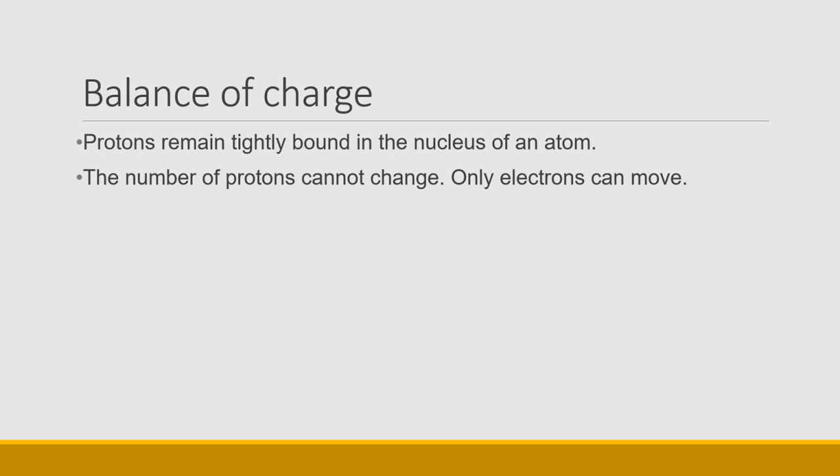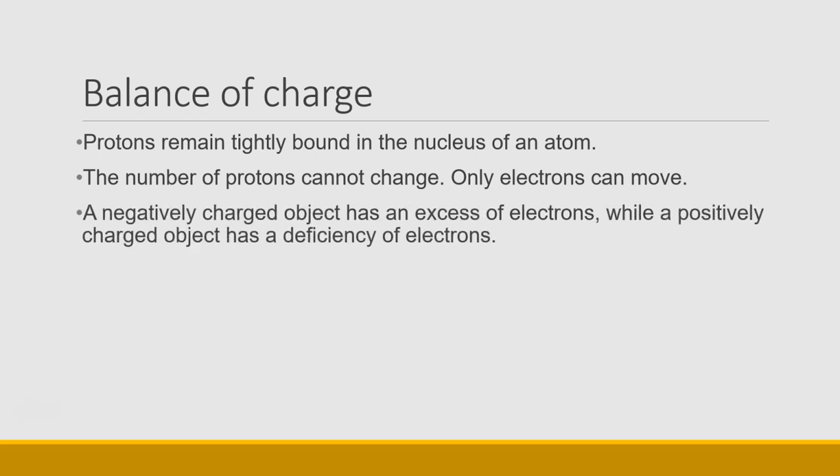So if you have 1,000,000,000 protons and 1,000,000,000 electrons that make up your body, then you are electrically neutral. If you have gained electrons, you become negatively charged by that amount of electrons that you've gained. And if your body has lost electrons, then you become positively charged based on the number of electrons that your body has lost.